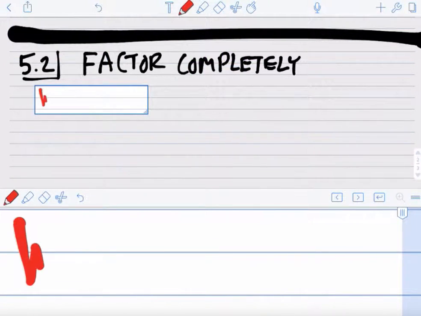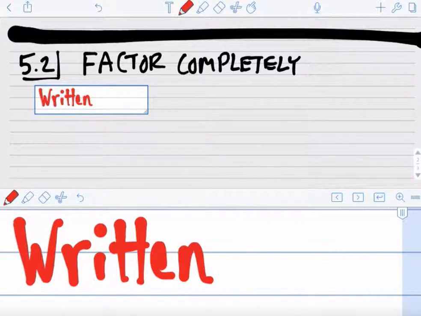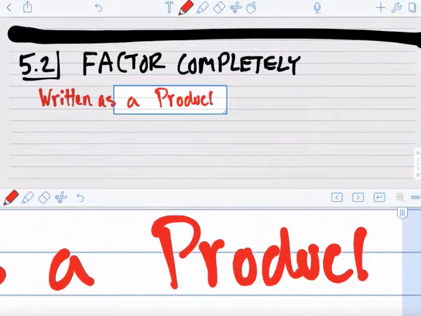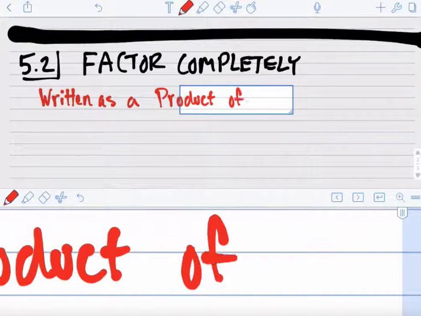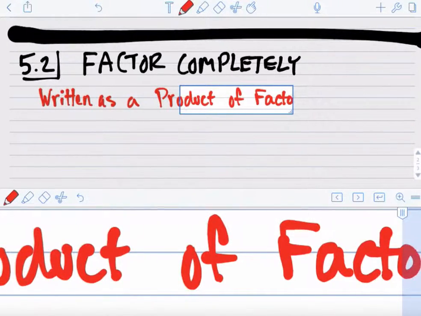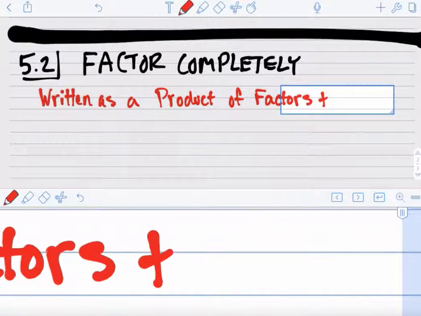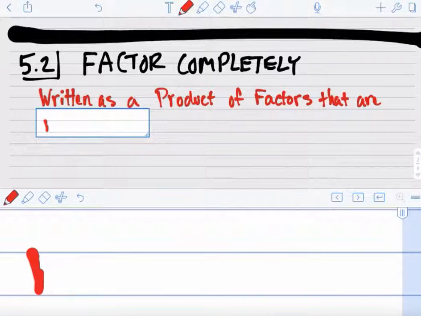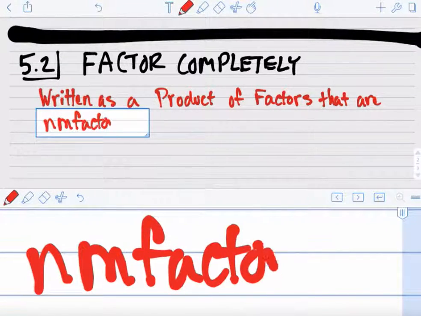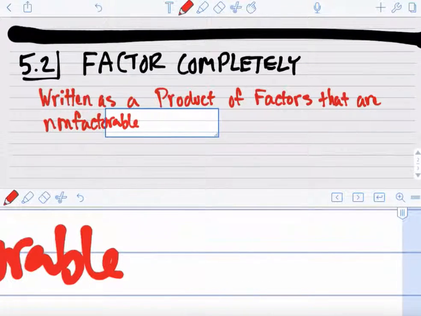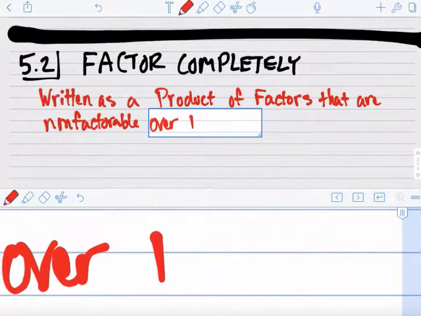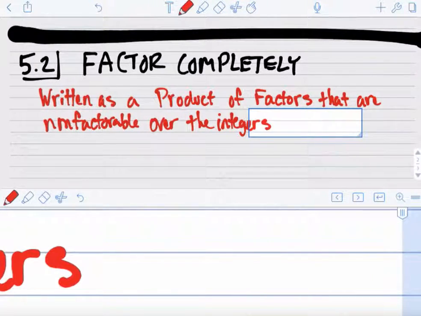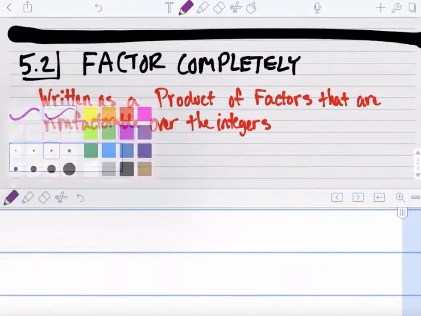It needs to be written as a product of factors that are non-factorable over the integers. So we have some steps when we want to do this.